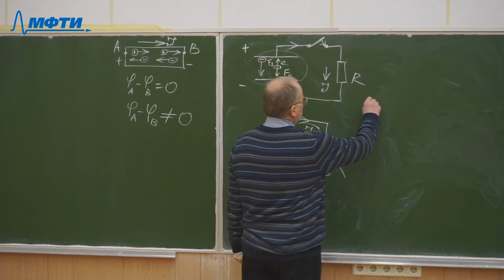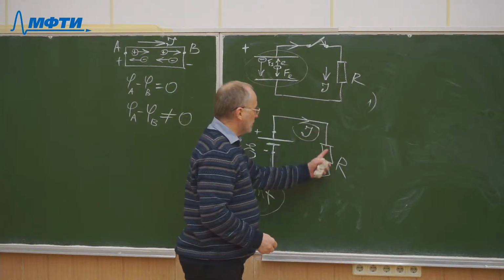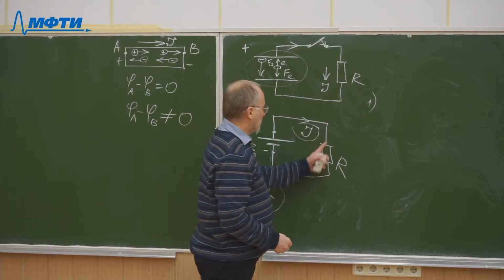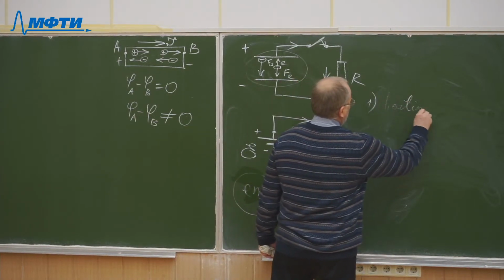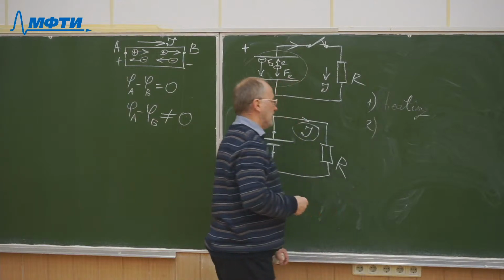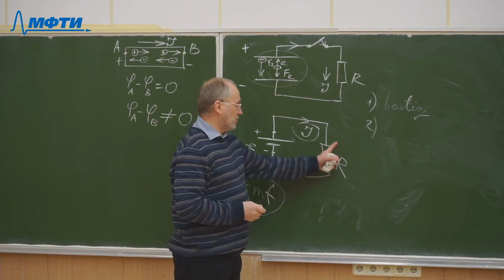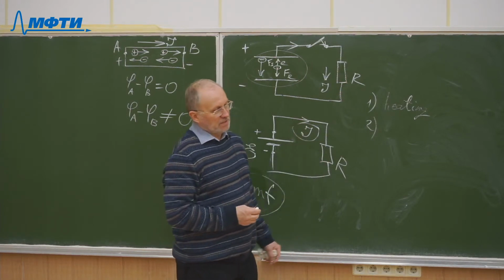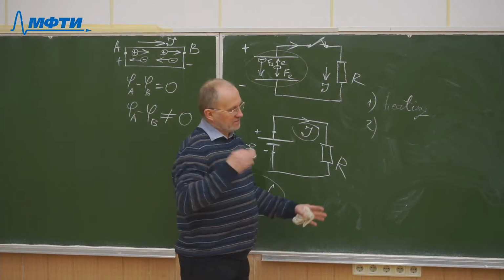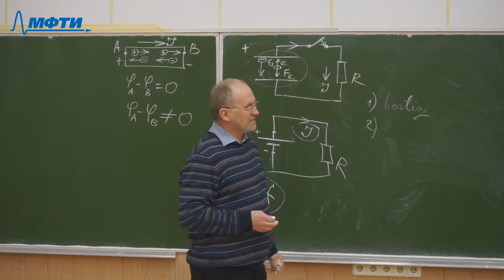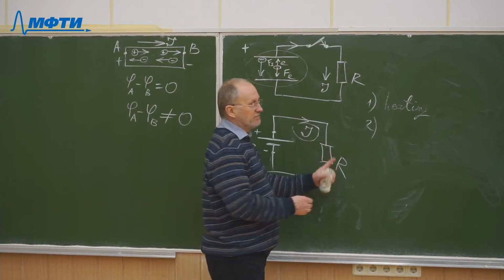So there are many possible manifestations of current. First, heating of external conductors. That is heating. Second, if the heating is too strong, then the temperature of the external conductor will grow to high values, like 1,000 and more than 1,000 degrees Celsius. And in this case, the conductor will not only be heated, but it will glow.